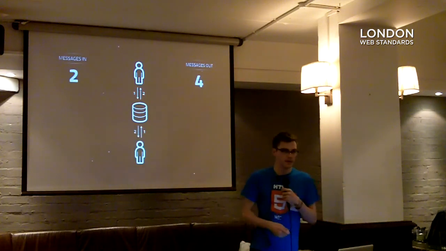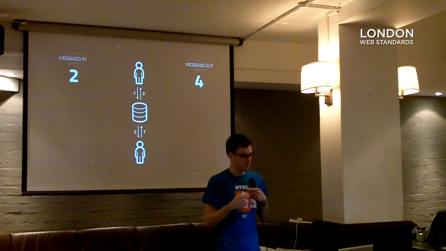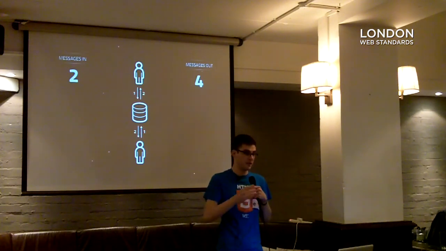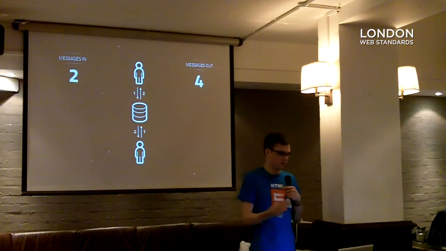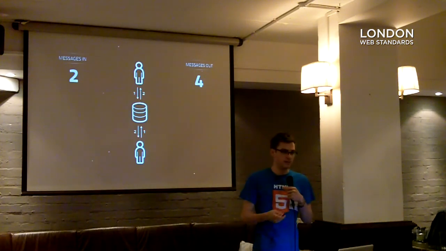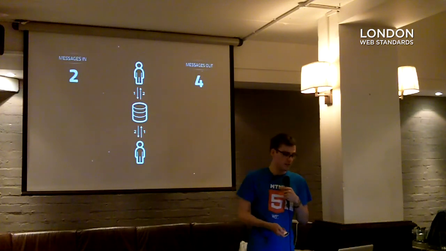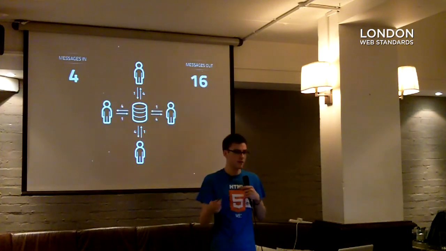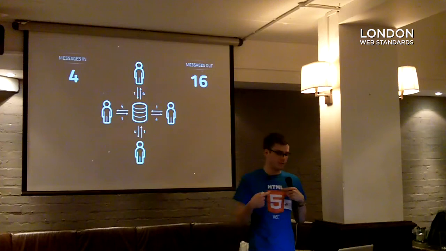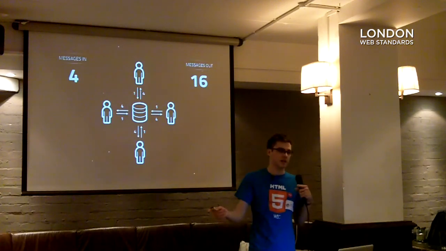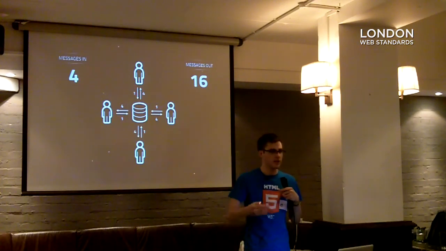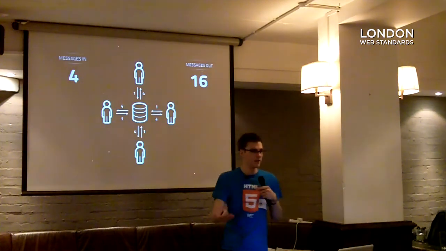With 2 people, 2 updates come in, but because the server has to send 2 updates back out, one to each player, that's 4 updates. Sorry, you've quadrupled it. And again, with 4 players, 4 pieces of information coming in, 16 pieces coming out. So you can see what's happening. It's the square of the input.